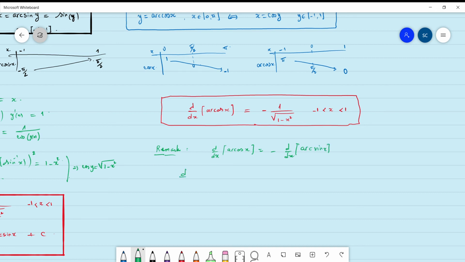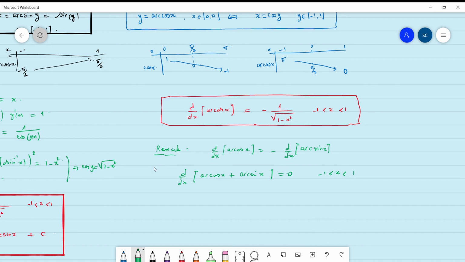Therefore, if you move the other term and use the operation of differentiation, you have that the derivative of arc cosine x plus arcsine x equals 0 for x over the interval -1 to 1.